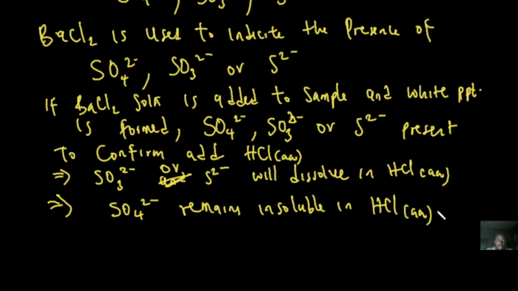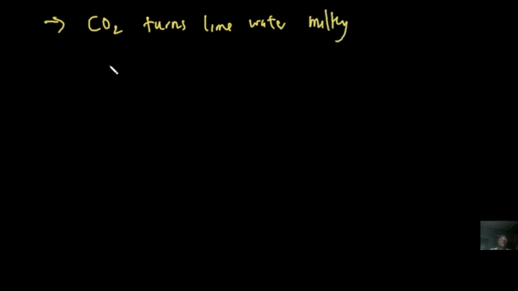Now, before I end this and we get into a question, I just want to give basic tests for gases. Test for gases. Okay, the first gas, as we know, is CO2. CO2 turns lime water milky. The next gas is hydrogen.